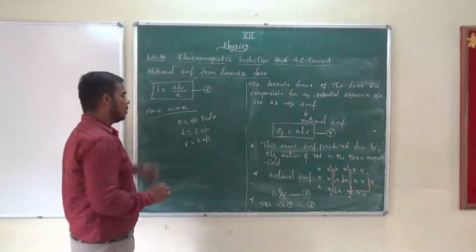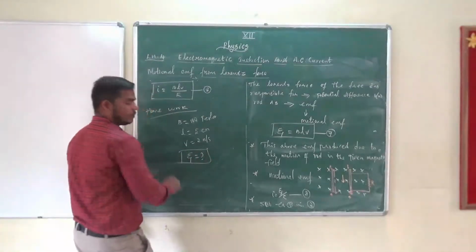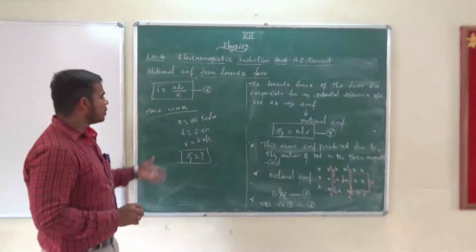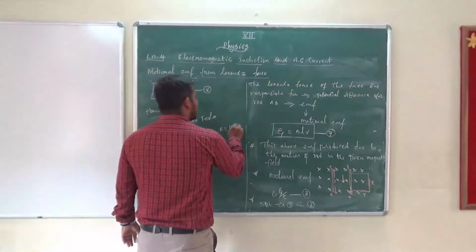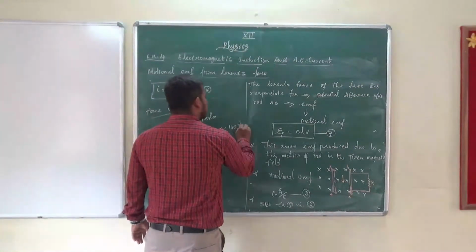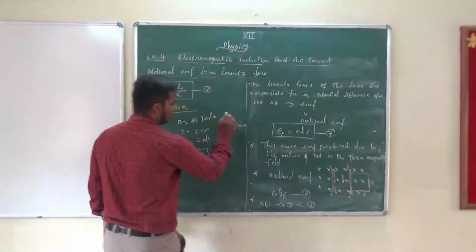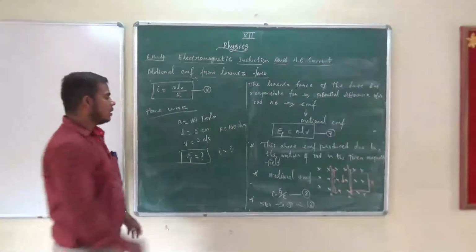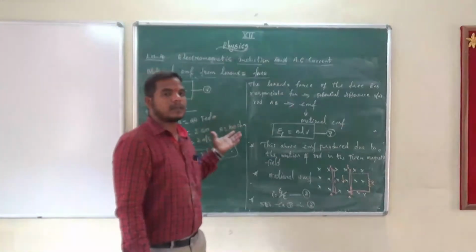This is the value. What you want to find is the motional EMF. Suppose with the same values, I will give the resistance value 100 ohm to find the current. Okay, so this is the homework.